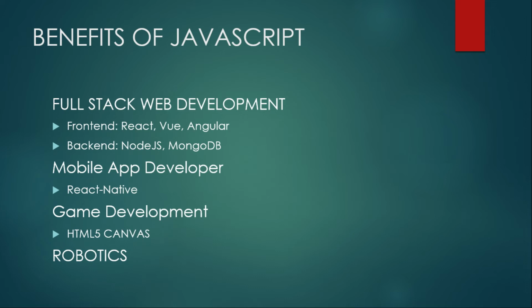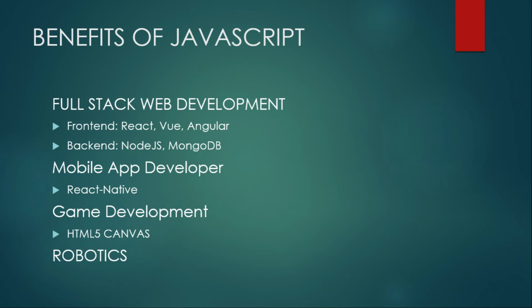And you can also become a back-end developer using Node.js and MongoDB for database. You can combine the work of these two groups, front-end and back-end, and become a full stack developer. You can also go into mobile app development using React Native, which is also built using JavaScript.